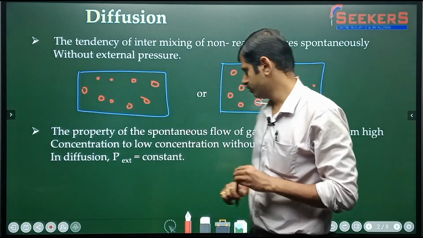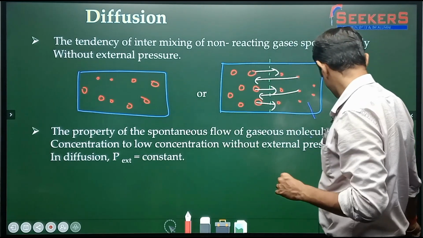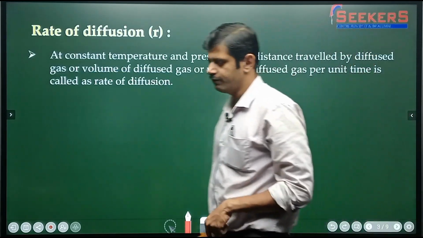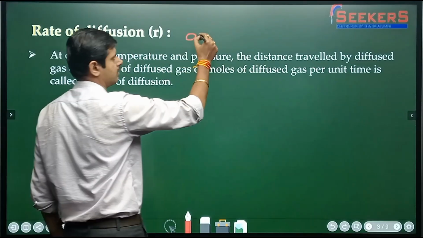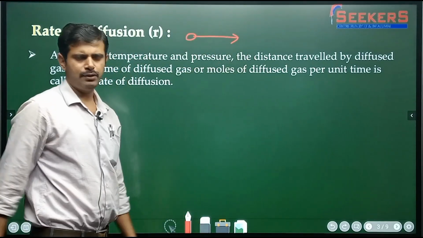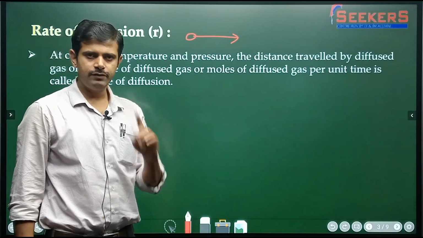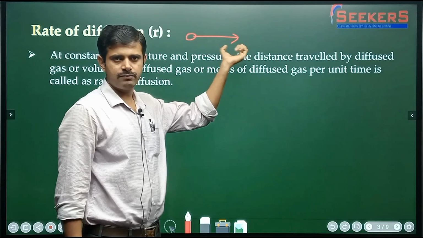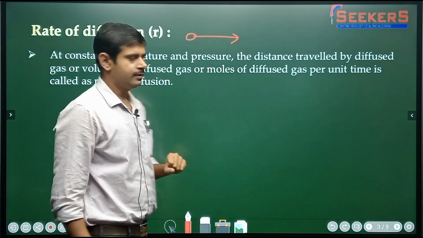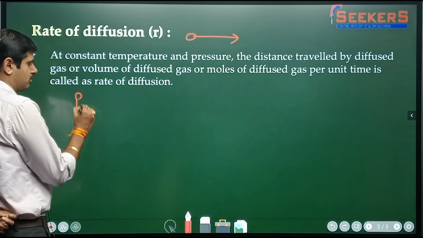Clear? Now this is diffusion. What happens in the next case? Here we will see the rate of diffusion. What is the rate of diffusion? We have a gas, and it is moving from left to right or from right to left. If it is moving, it must have a certain speed or a certain rate. That is the rate of diffusion.